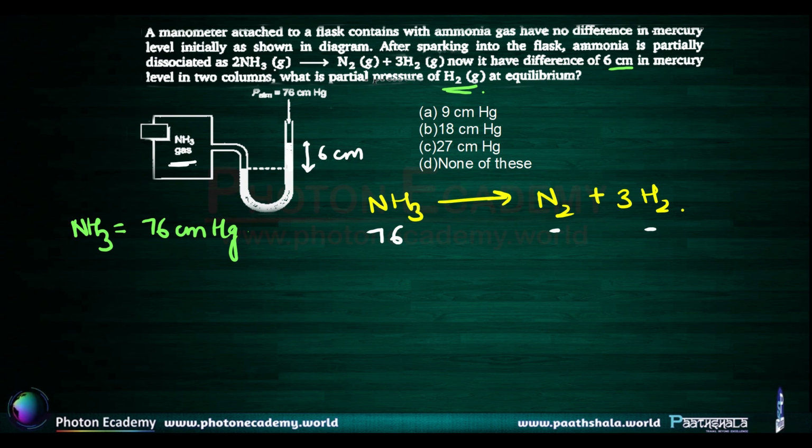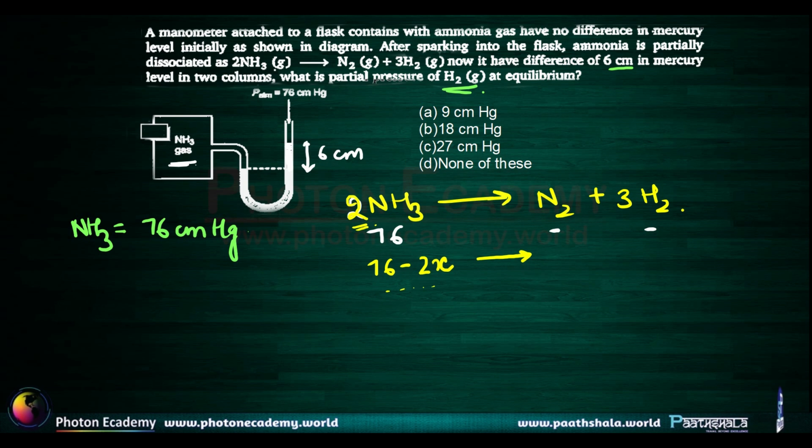Now, let's say that x amount of ammonia dissociates. So, now what you would have in this balance equation will be 76 minus 2x, because 2 is the stoichiometric coefficient, and so we would have to work according to the balance equation.